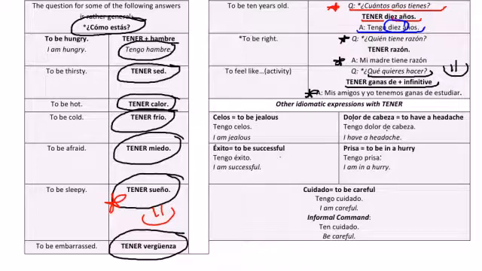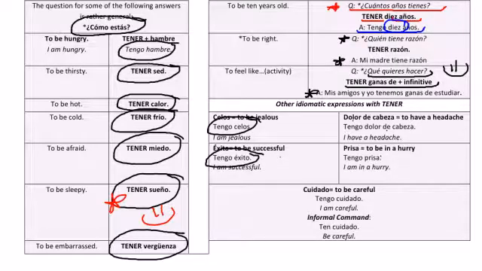There's some other idiomatic expressions that we use with tener that you may hear Spanish speakers say. You may hear them in music. You may even see them written in print or books. If you want to say that you are jealous, you're going to say tengo celos. If you want to be successful, tengo éxito.